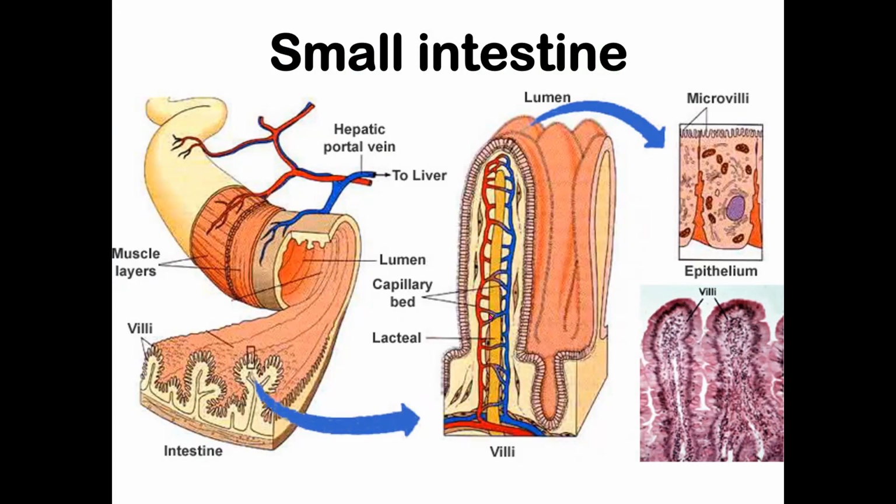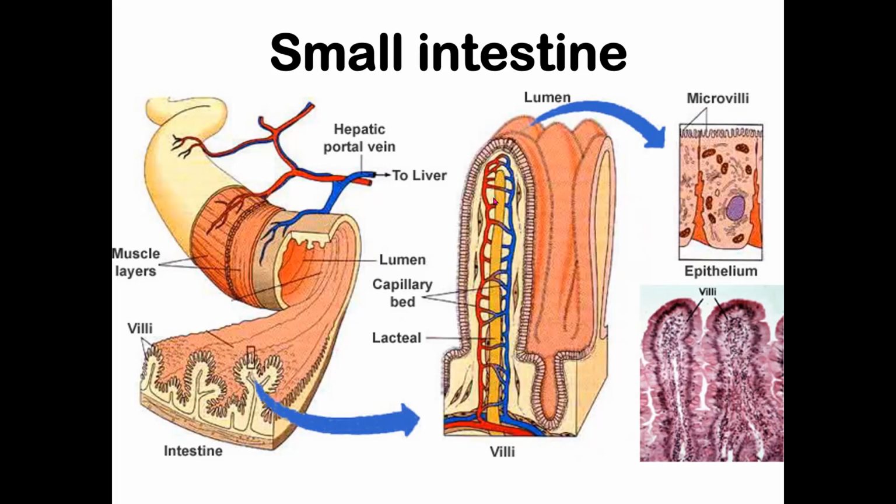it's got two things in it. The red and the blue are blood vessels, capillaries. The red is the incoming, and the blue is the outgoing. And the yellow is the lymphatic system. It's called the lacteal.